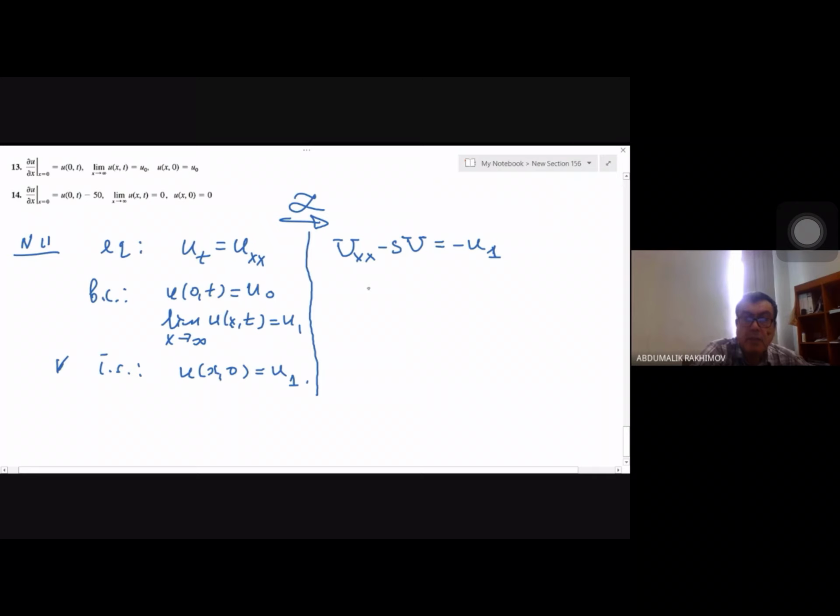Now the boundary condition: u(0,t) is equal to u0 will be U(0,s) is equal to u0 over s. The second is the limit when x goes to infinity: U(x,s) is equal to u1 over s. So this is the transformation of the boundary conditions. So this is a problem for capital U, for the image, right?